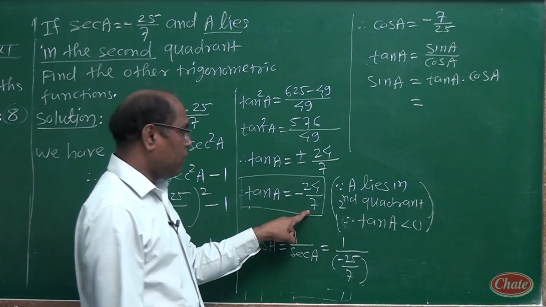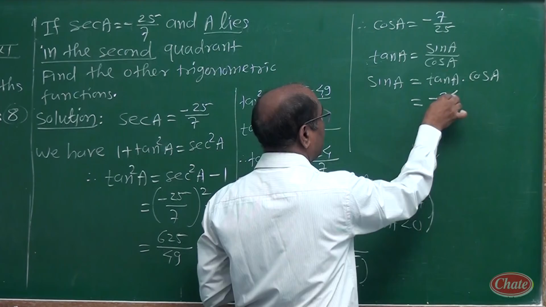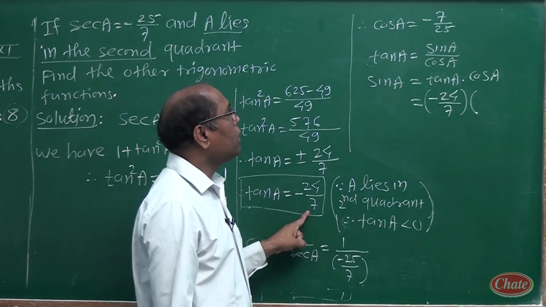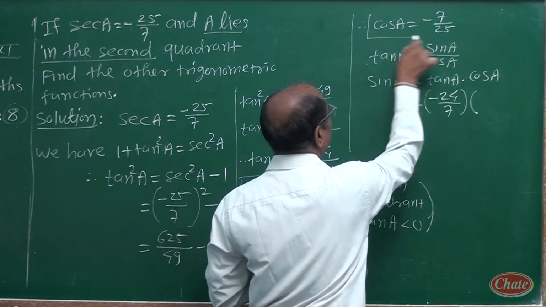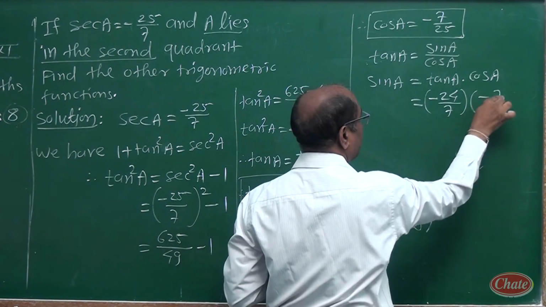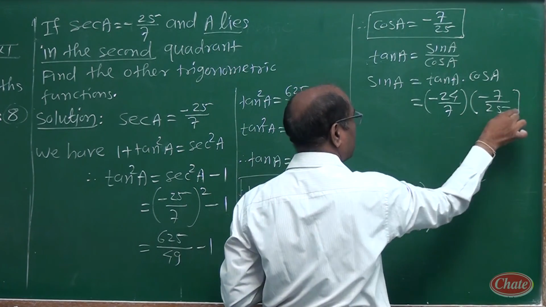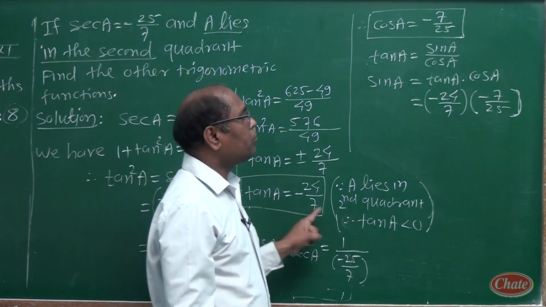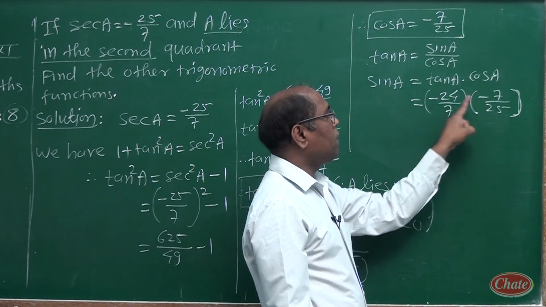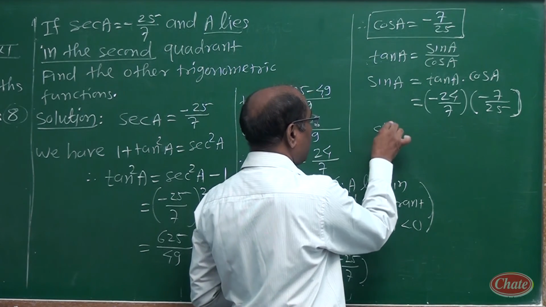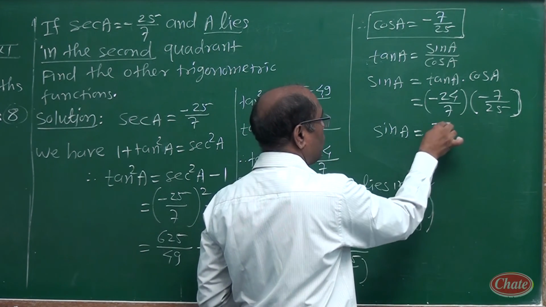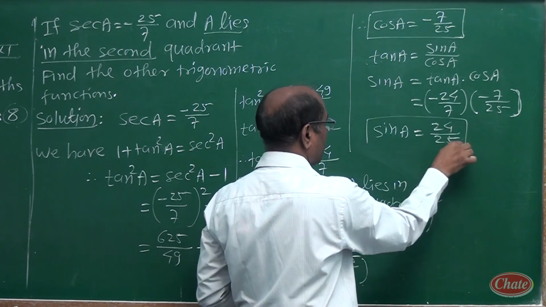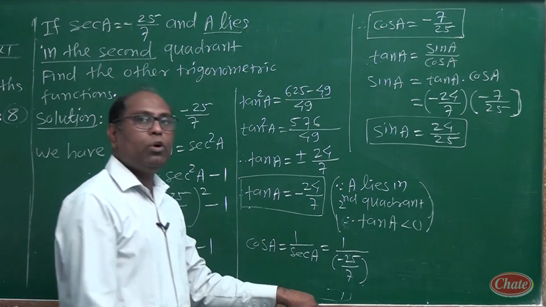Minus 24 by 7. What is the value of cos A? Minus 7 upon 25. So here 7 gets cancelled, minus minus plus. Therefore sin A is equal to 24 upon 25.